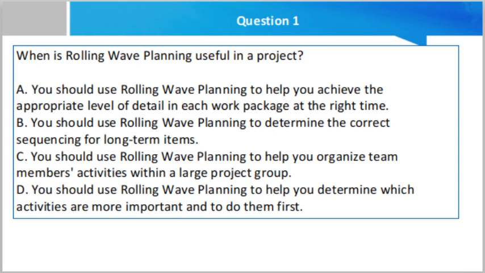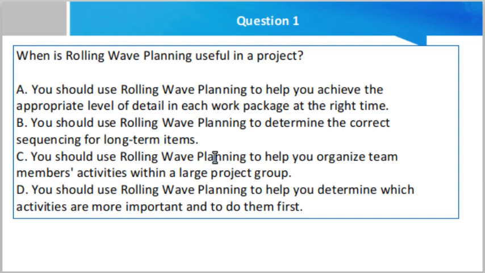So question number 1, when is rolling wave planning useful in projects? Options are: A, you should use rolling wave planning to help you achieve the appropriate level of detail in each work package at the right time. Option B, you should use rolling wave planning to determine the correct sequencing for long-term items.